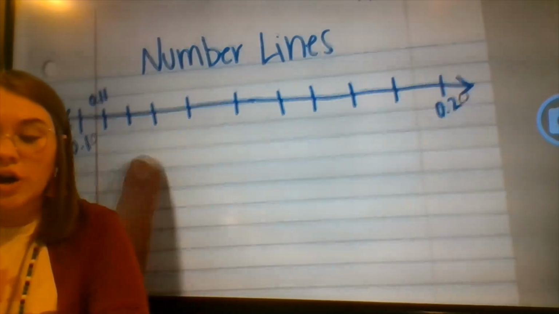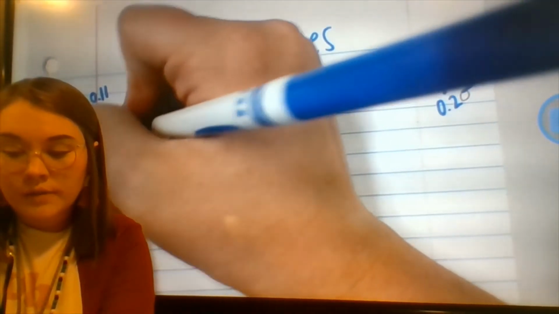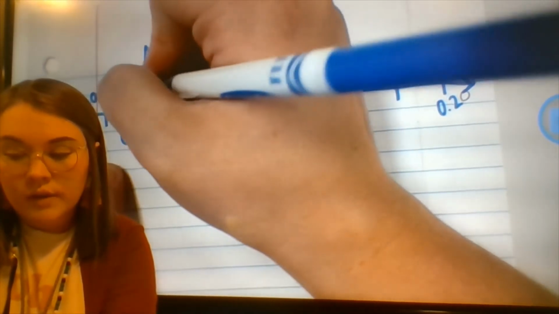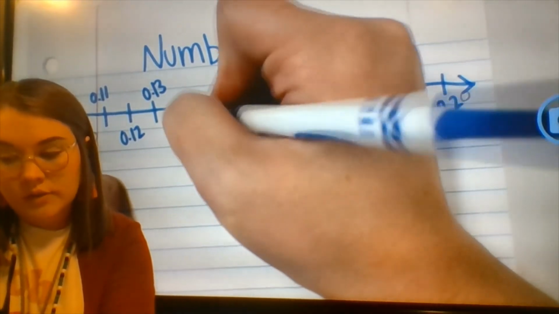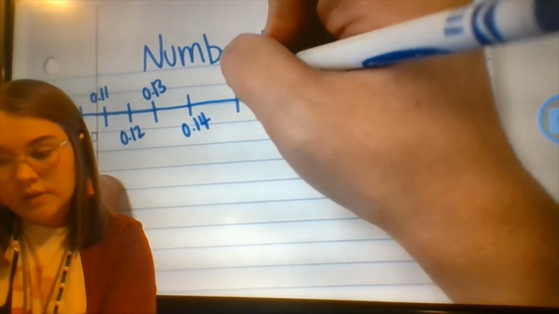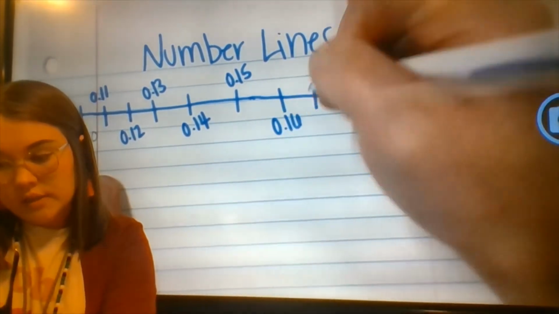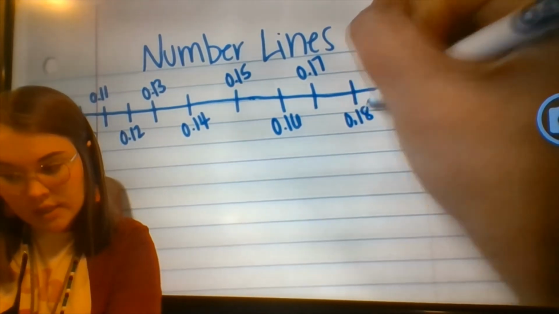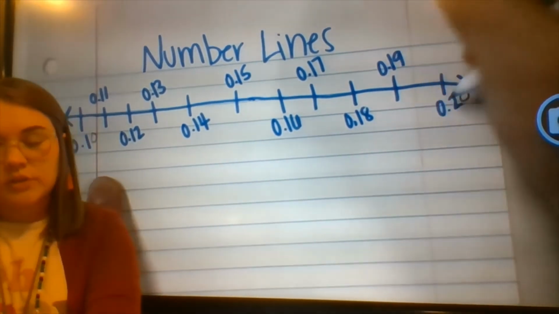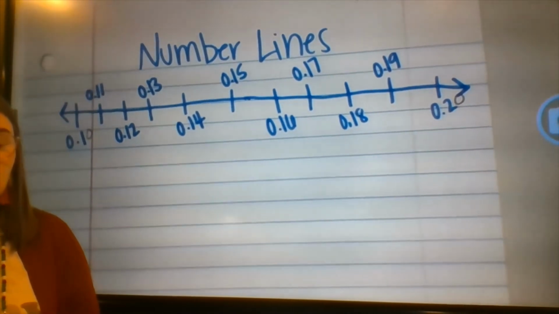All right, so I hope that you got 12 hundredths, 13 hundredths, 14 hundredths, 15 hundredths, 16 hundredths, 17 hundredths, 18 hundredths, 19 hundredths, and then 2 tenths or 20 hundredths.